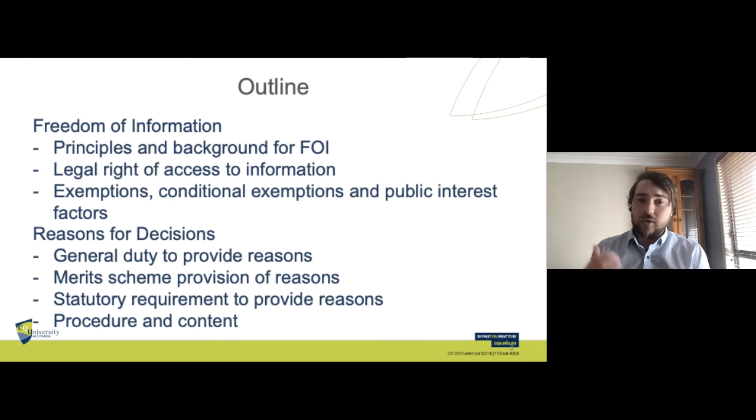The first on freedom of information, which is about access to government documents more broadly and can involve a wide range of things that the government produces. And then in a separate video, we'll talk about reasons for decisions, which are much more targeted and focused on a particular decision made by the executive government that affects a particular individual or organisation.